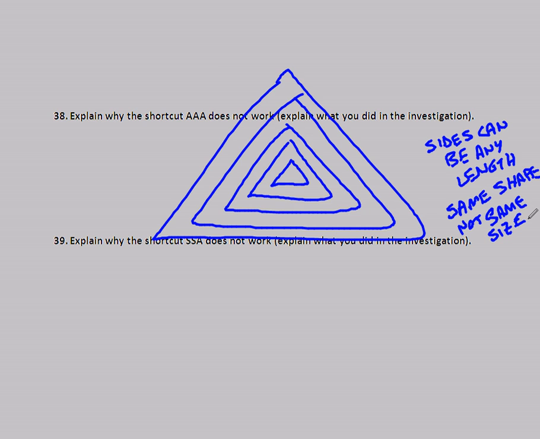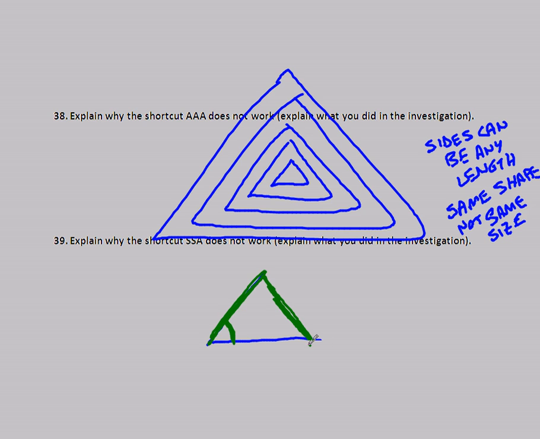Last one, why does side angle not work? It helps to draw your picture, kind of explain what we've done in the investigation. So this is a locked side amount right here. This is a locked angle right here. And then we have this other side that is a locked amount but not a locked angle. It could go down and hit right here. Hope I do it at the right spot. It can hit there.